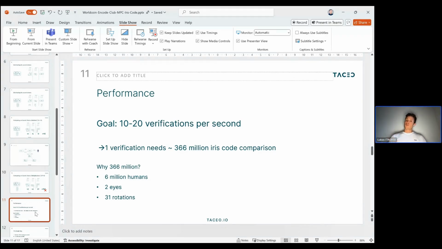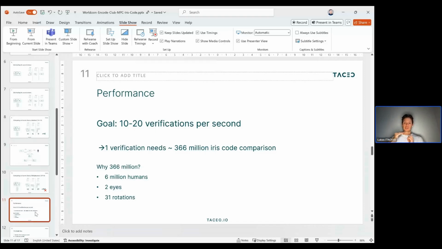The goal for the performance at the beginning of the project was to achieve 10 to 20 verifications per second, which literally means that 10 to 20 people each second in the world can go visit an Orb and get verified. For just one verification, we need over 300 million iris code comparisons, so just checking the Hamming distance to an existing iris code.